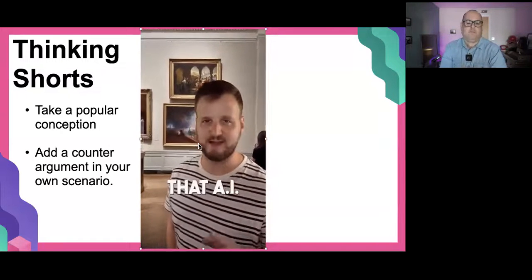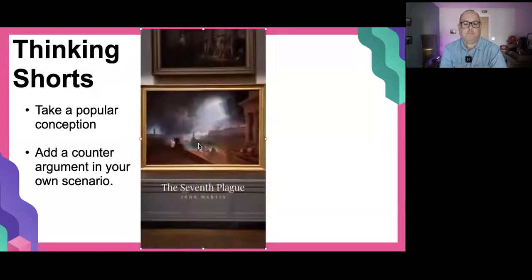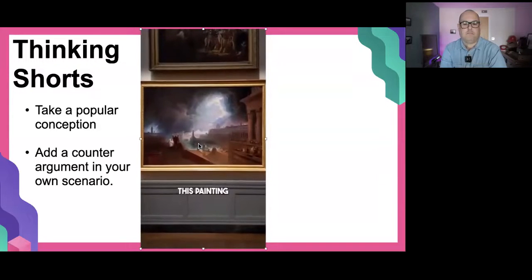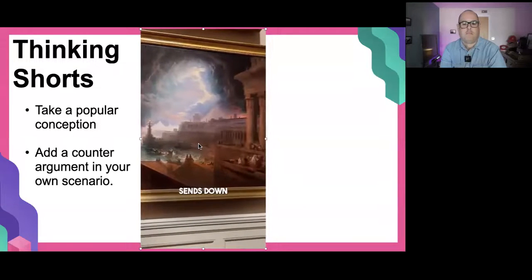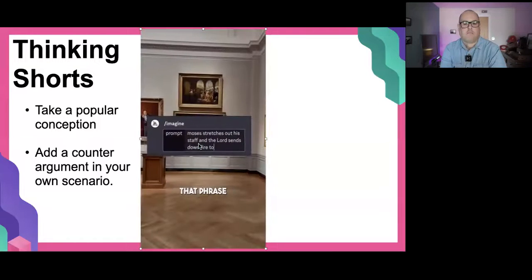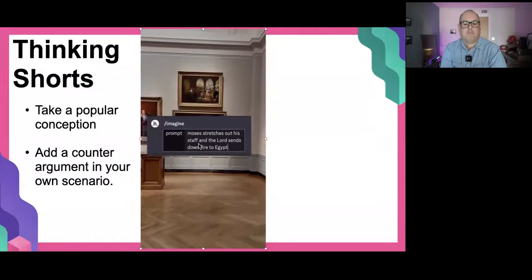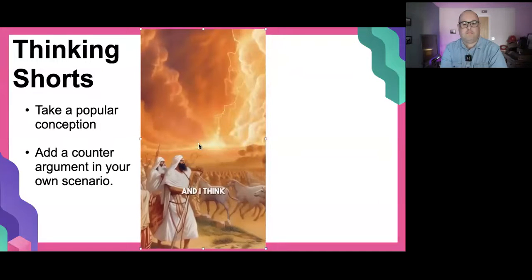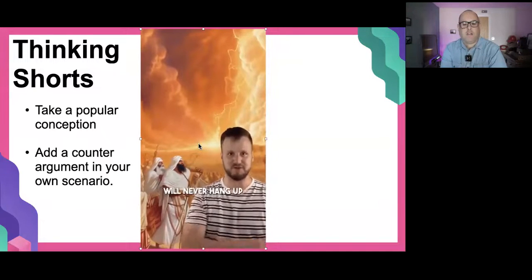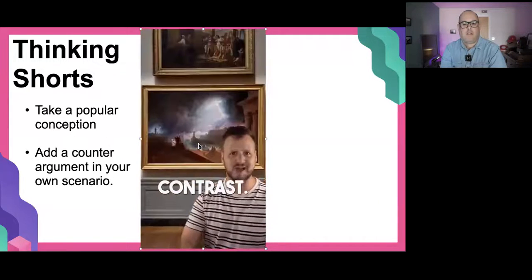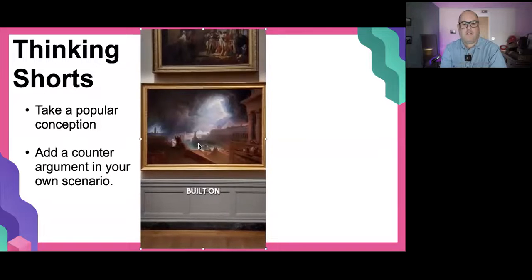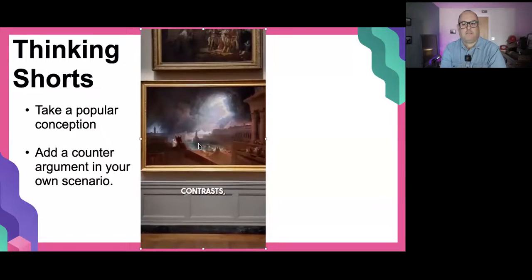Here's a painting that AI could never create. It's The Seventh Plague of Egypt by John Martin. This painting depicts that Bible story where Moses stretches out his staff and the Lord sends down fire to Egypt, which, if I plug that phrase into Midjourney, I get a painting that looks like this. And I think the reason why this image will never hang up in a museum is because it lacks any kind of contrast. John Martin's composition is built on these really carefully constructed contrasts.